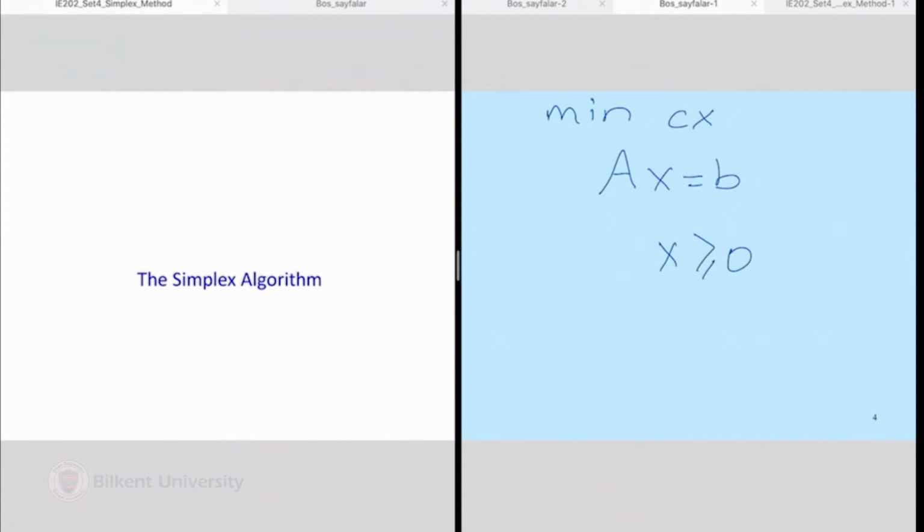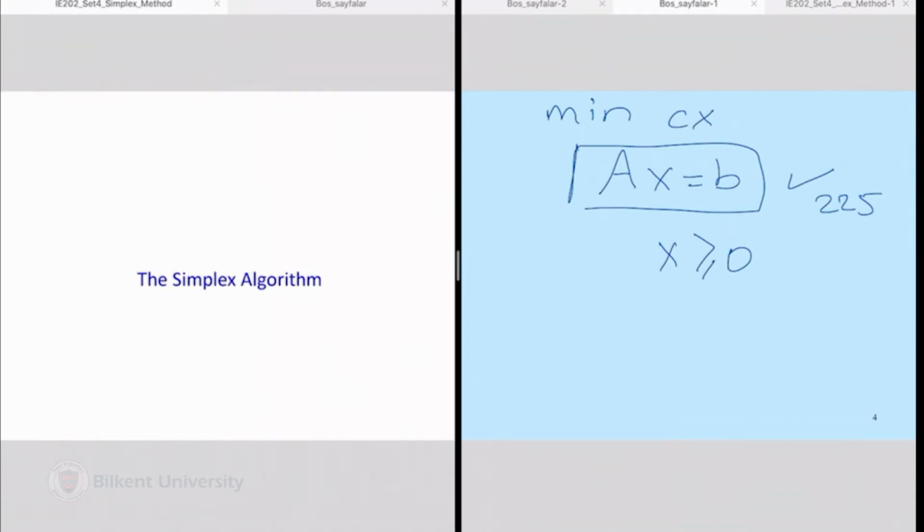This was 225. Rank of A being equal to M guarantees a solution, but I need more. I need non-negativity. I need it to be the best one, optimizing some objective. Does it make sense? So far, so good?